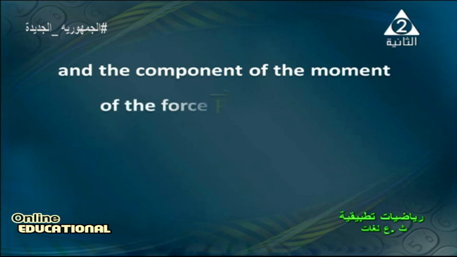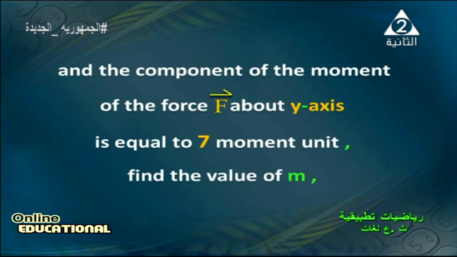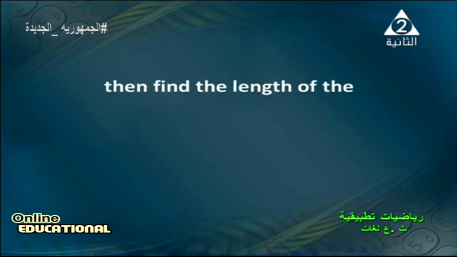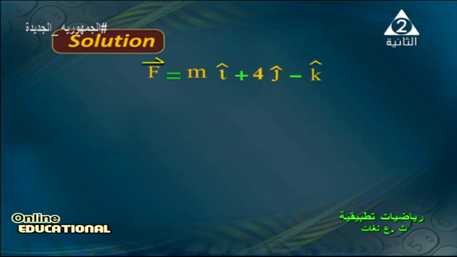And the component of the moment of the force F vector about y-axis is equal to 7 moment unit. Find the value of m. Then find the length of the perpendicular segment drawn from point O on the line of action of vector F.